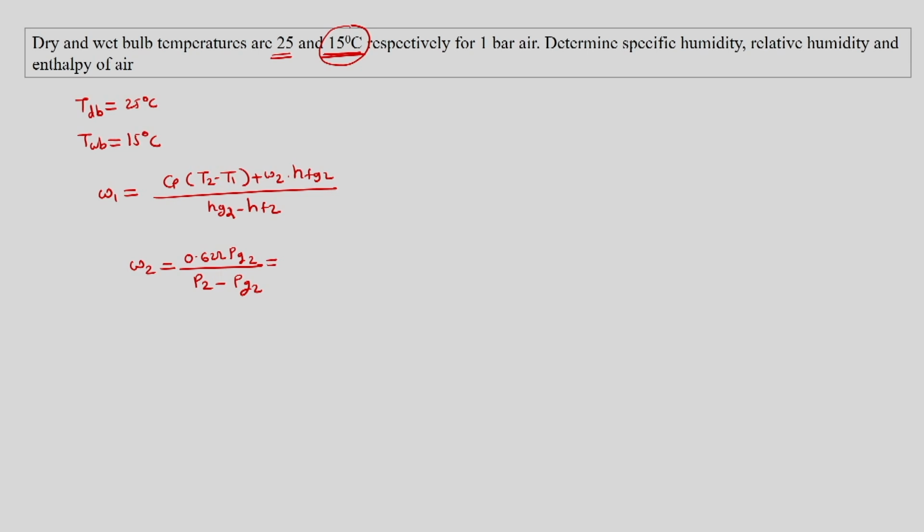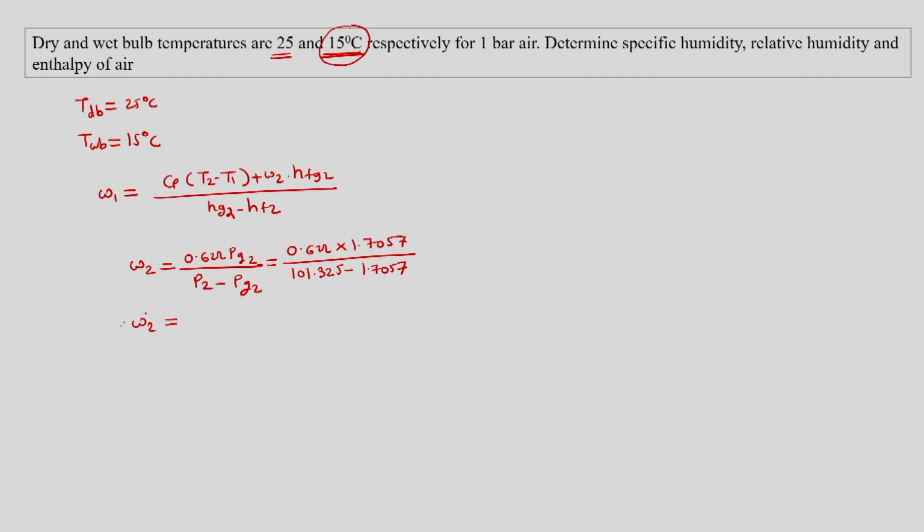So under the assumption of saturated air, we can find the saturation pressure for 15 degrees Celsius, and that pressure is 1.7057 kilopascal, and this is equal to 101.325 kilopascal minus 1.7057.